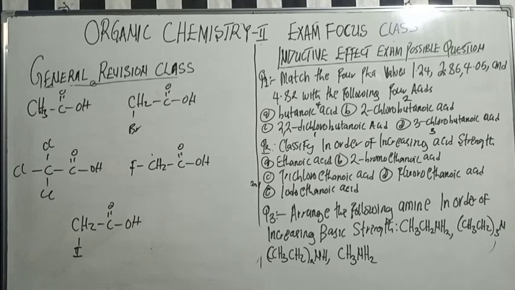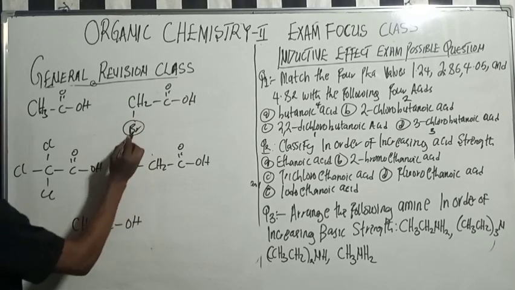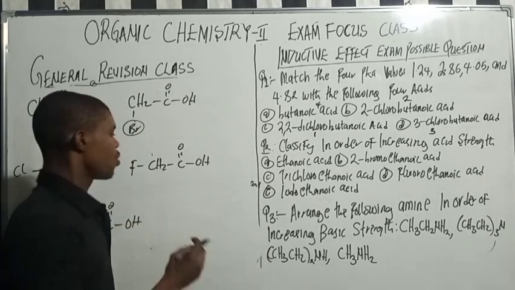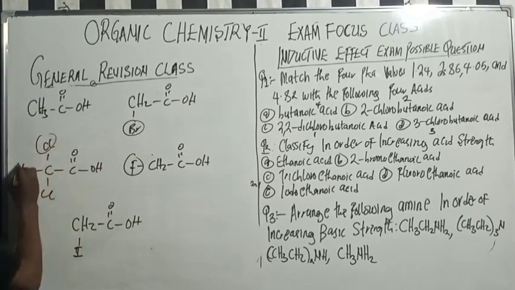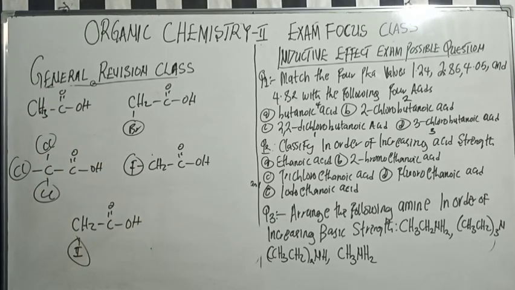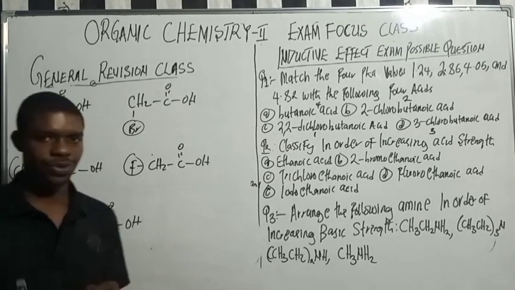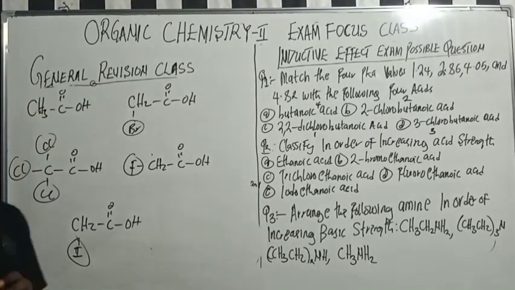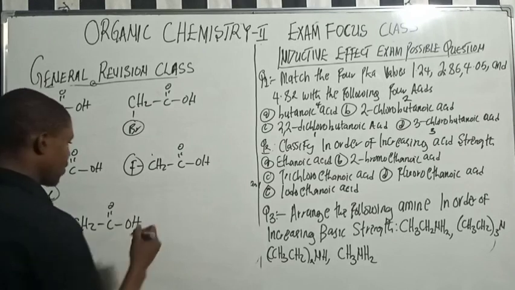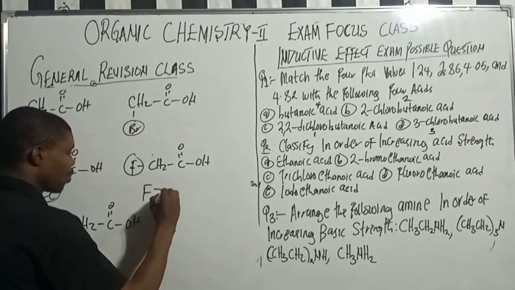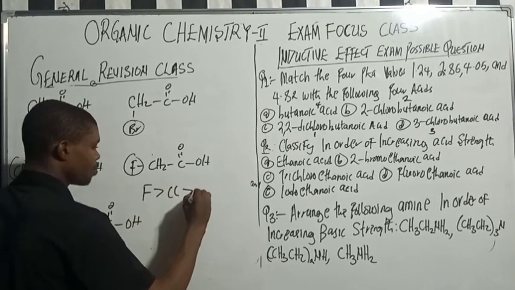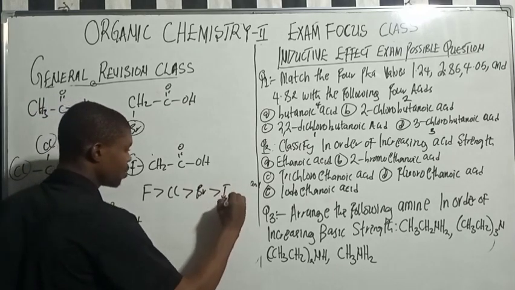Now you can see that these are minus I effect groups. We have the order of the minus I effect: fluorine is greater than chlorine, chlorine is greater than bromine, and bromine is greater than iodine.